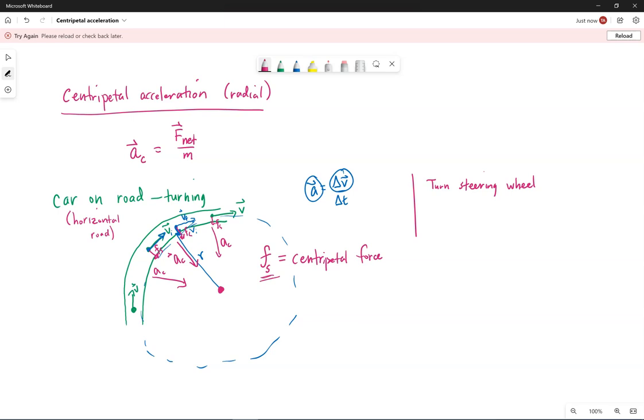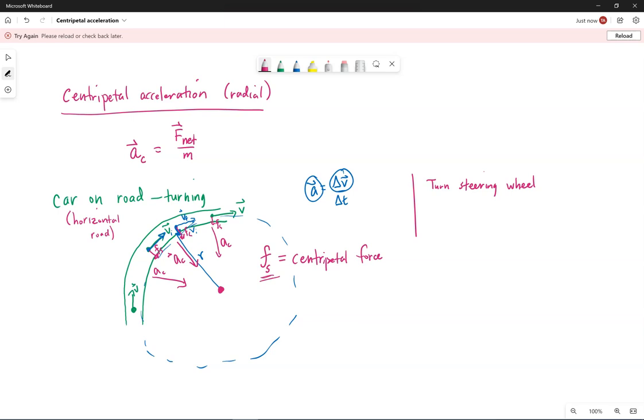But turning the steering wheel will not guarantee we go in a circle. If you've ever been driving in snowy, icy conditions, you may have experienced turning the steering wheel, yet continuing to travel straight. So it's not the steering wheel that's making the car go in a circle.